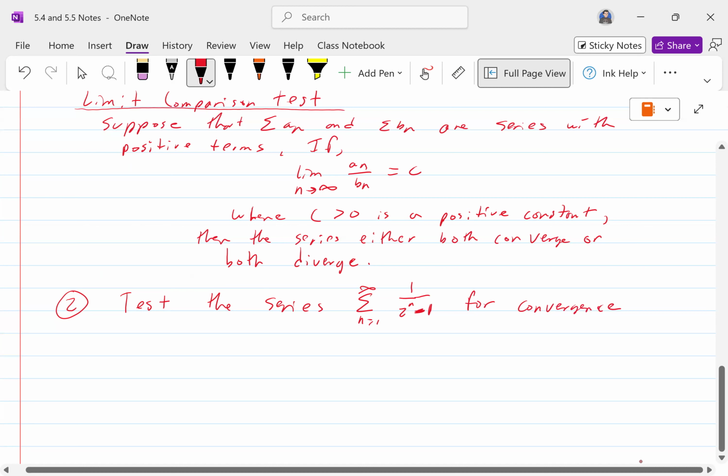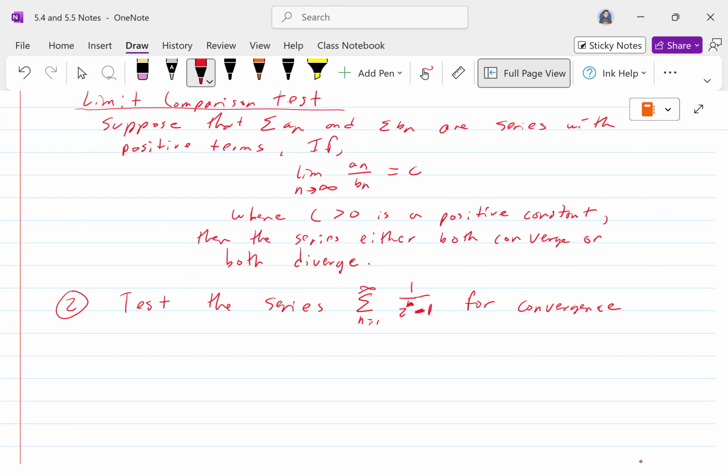So it's 2 to the n minus 1, not just the n minus 1. It's the whole thing minus 1.